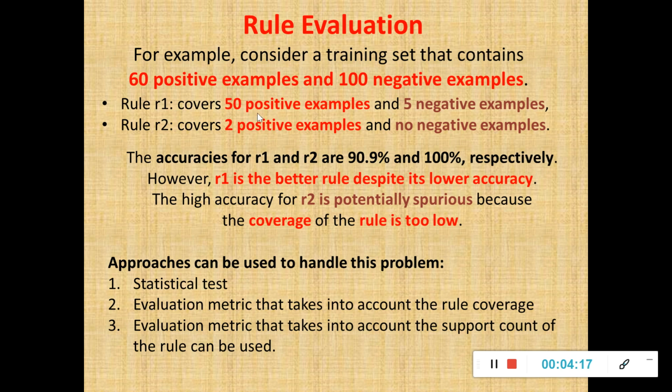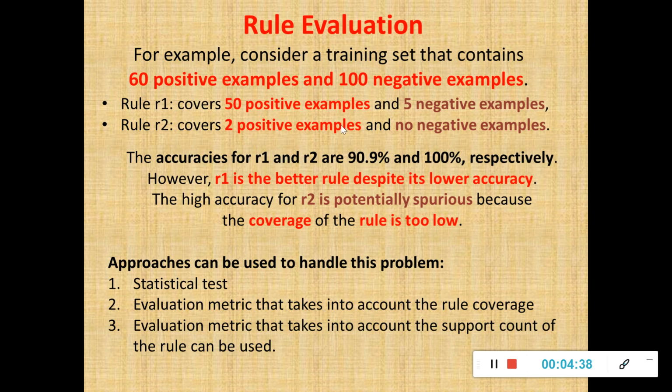So for rule 1, what will be the accuracy? The total number of correct predictions, correct in the sense of positive examples, is 50. The total number of predictions is 50 plus 5, 55. So 50 divided by 55, I get an accuracy of 90.9 for rule R1.